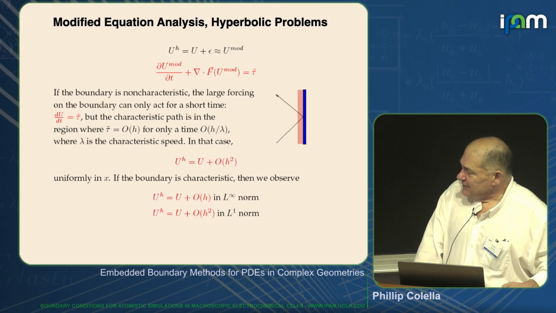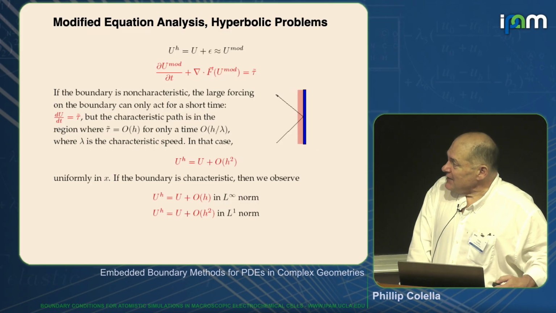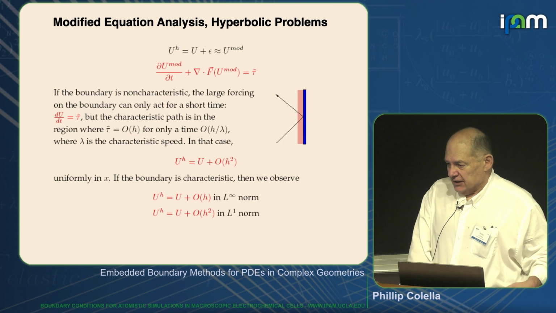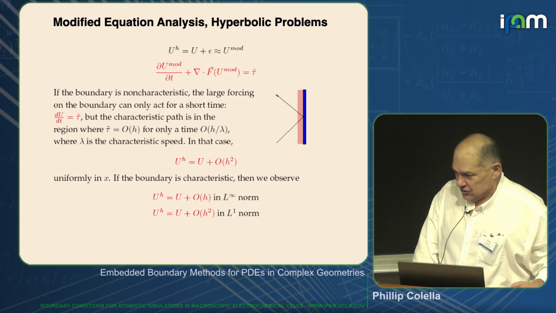How about accuracy? Well, this is the way we think about accuracy in our universe. It is all based on using modified equation analysis in a setting where, frankly, you have no business doing so.